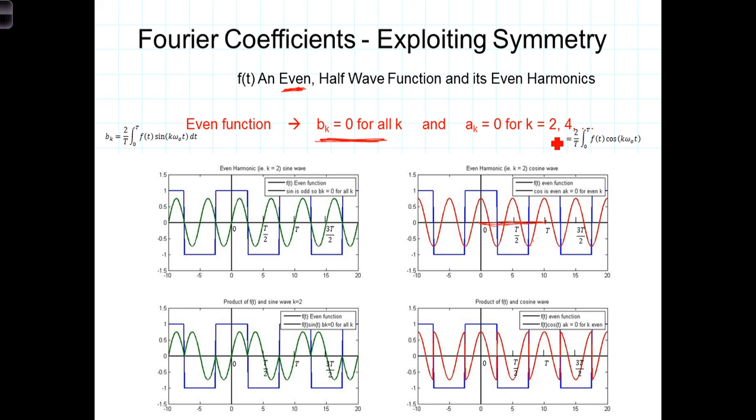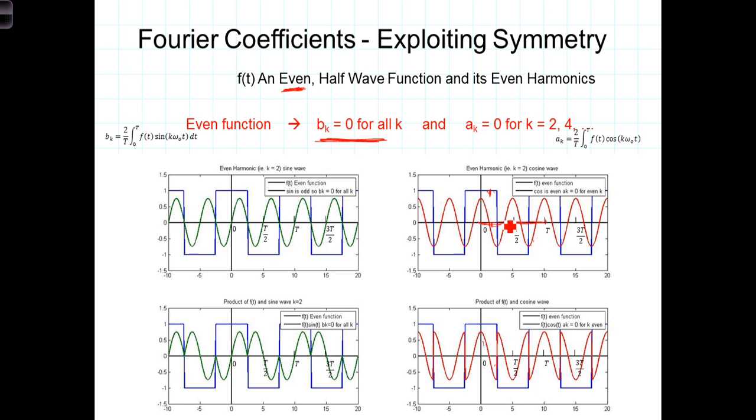So during this part of the positive lobe of our half-wave function, we've got positive times positive, which gives us a positive area. Now during this part, you've got positive times negative, giving you a negative area.